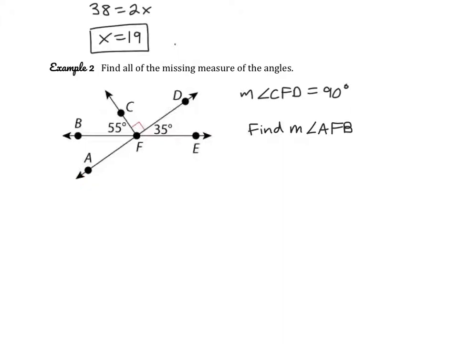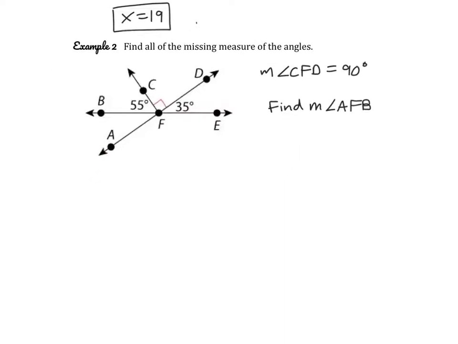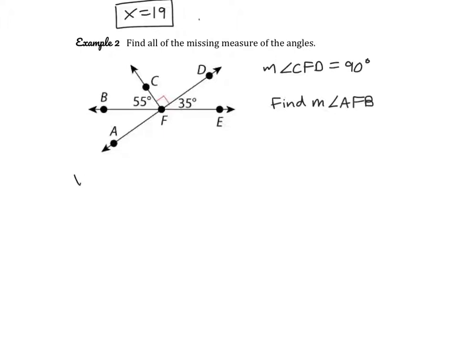So there's a few different ways we can find it. So first, let's see if we can use vertical angles to find that measure. So if I draw a line like this, and I draw a line like this, I see that I have two intersecting lines, and so I can see that this angle, angle AFB, will be congruent to angle DFE because they are vertical angles.